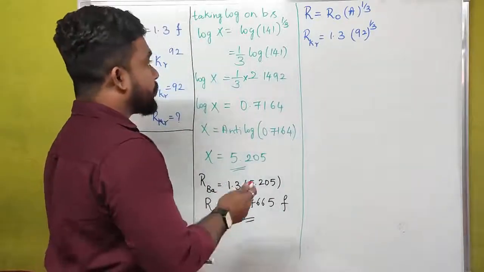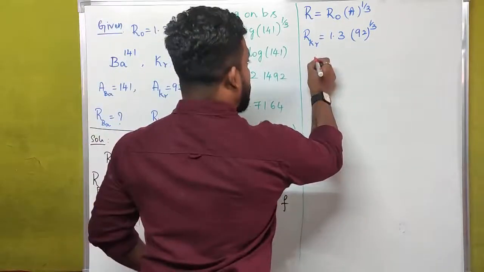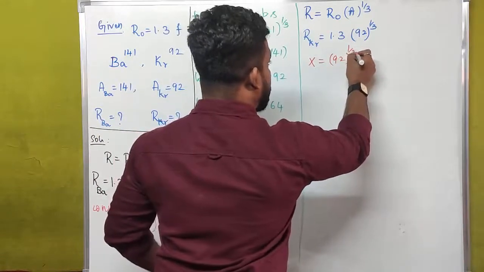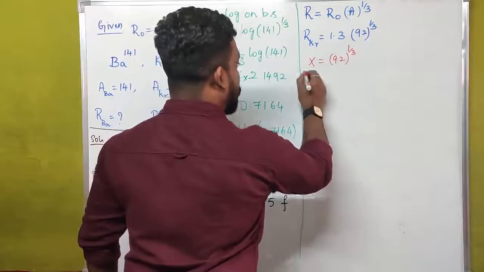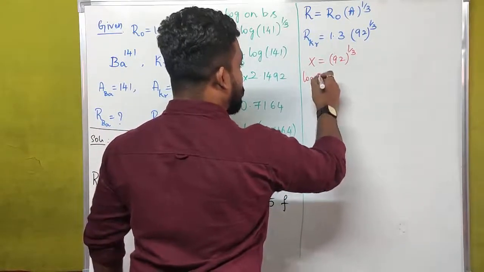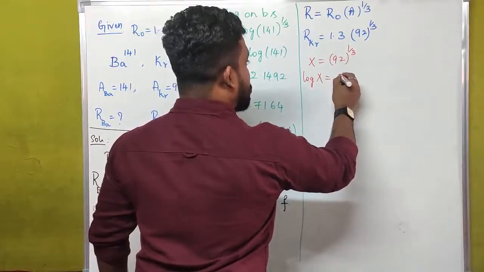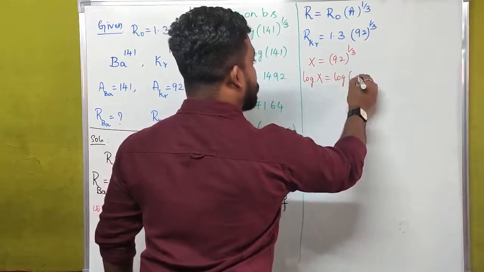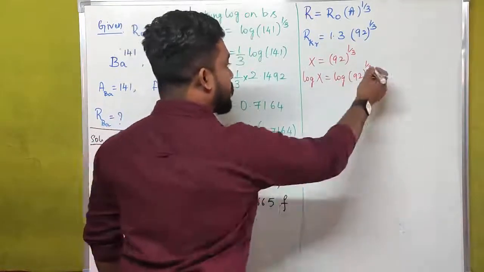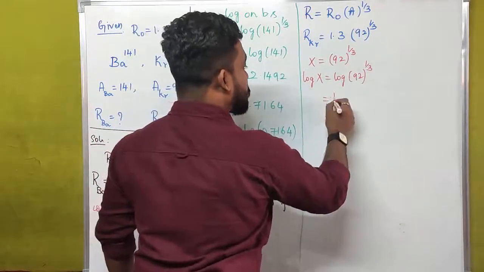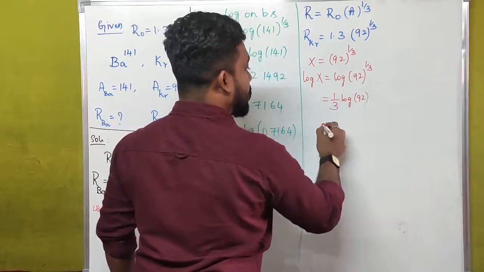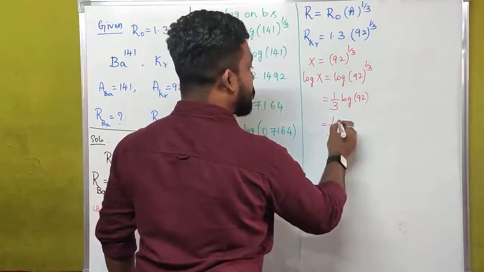That is, x is equal to 92 to the power of 1 divided by 3. If we assume like that, log x is equal to log of 92 to the power of 1 divided by 3. Log x to the power of n is equal to n into log of x. We know that.